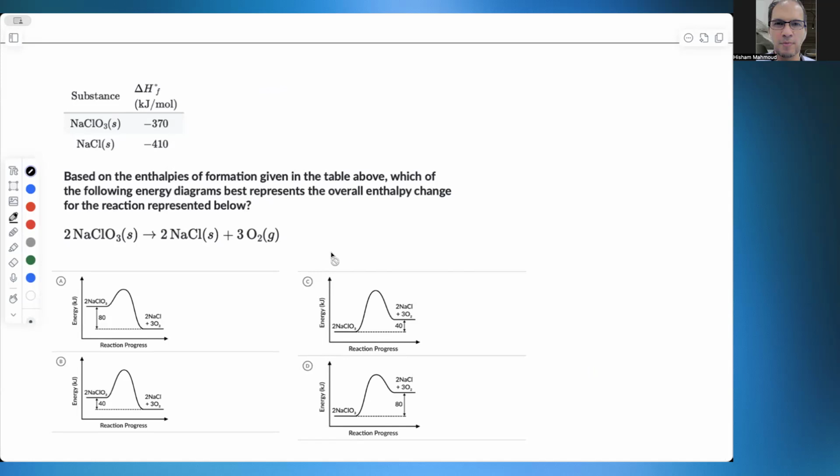Try again. Give it another try. So again, we say the products minus the reactants.